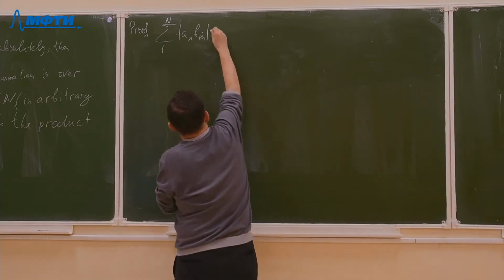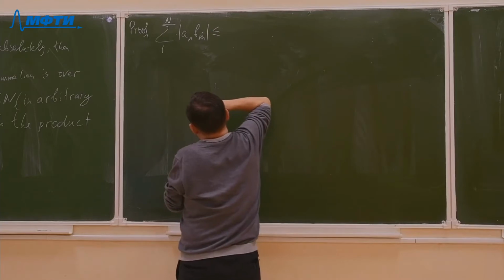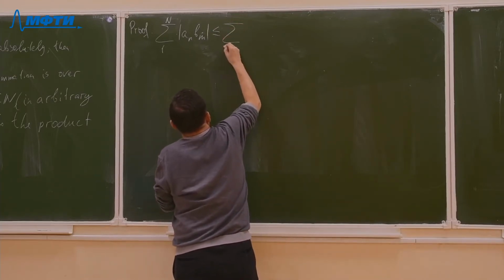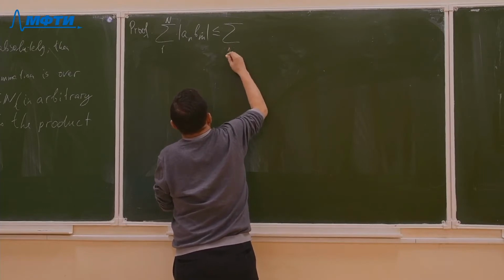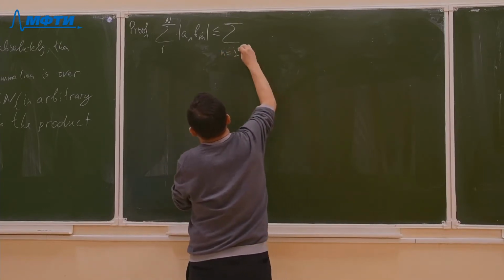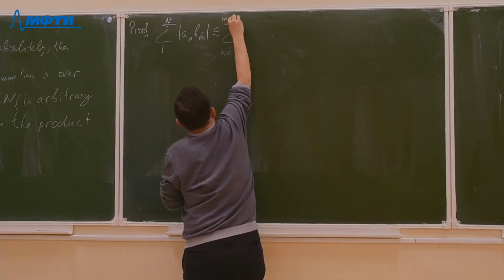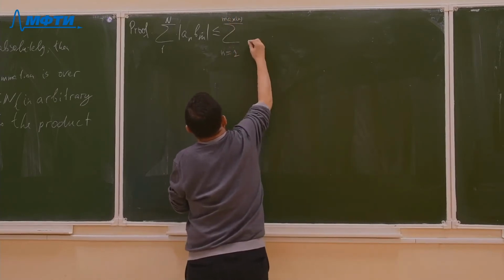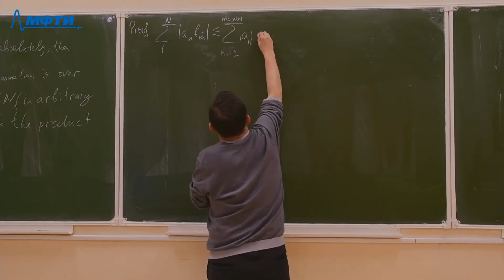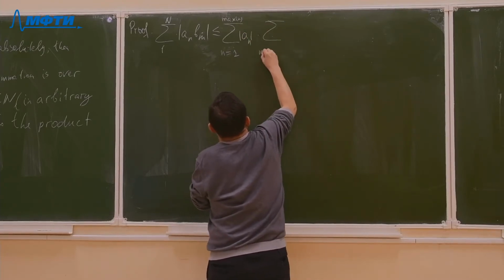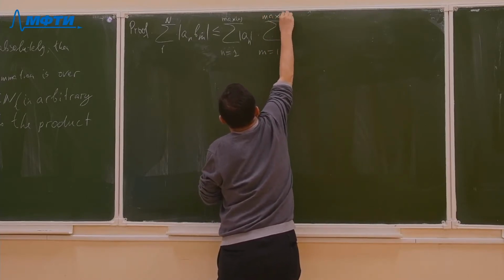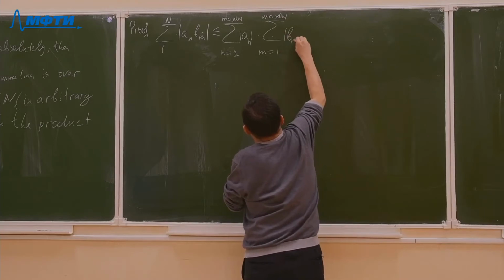We can estimate it by the sum, n from 1 up to the maximum of n, of modulus of a_n, times the sum, m from 1 up to the maximum of m, of modulus of b_m.